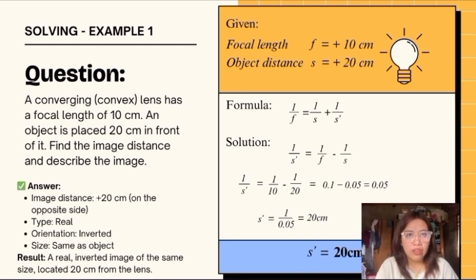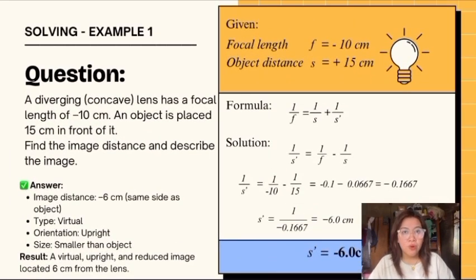is placed at 2f. Now for a concave lens with a focal length of negative 10 centimeters, and the object is 15 centimeters away. Again, we use the same formula, 1 over f equals 1 over s plus 1 over s prime.